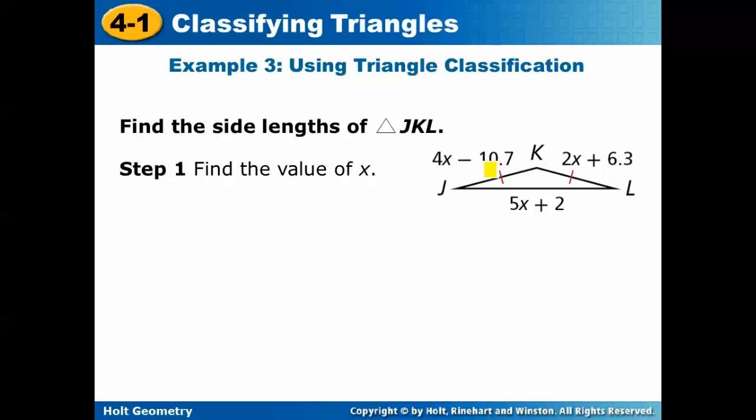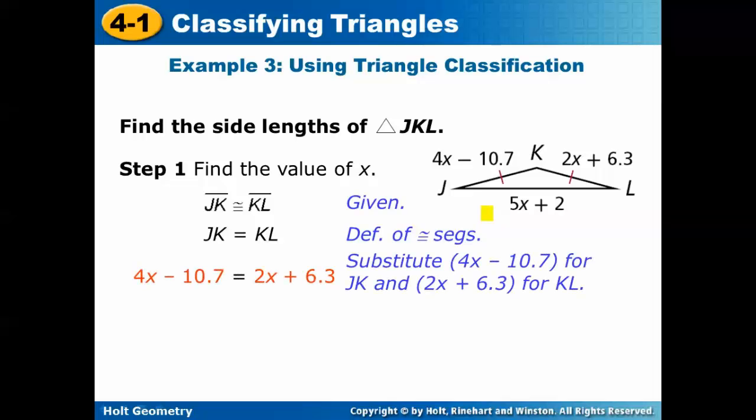Now we're given to find the side lengths of triangle JKL. Knowing that these two equal each other, we can see that with the congruent marks, we're going to go ahead and set up an algebraic problem so that we can solve it. First thing we know is that JK is congruent to KL, so that means they must be equal by the definition of congruent segments. So we're going to substitute our values in, 4x minus 10.7, and we're going to make that equal to 2x plus 6.3.